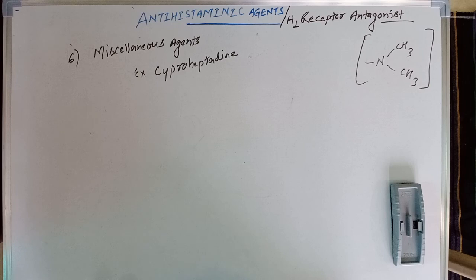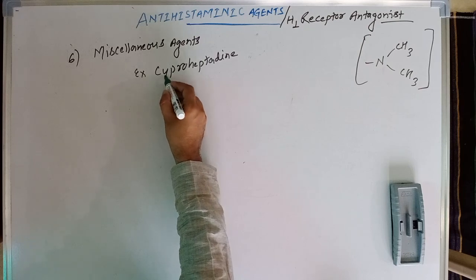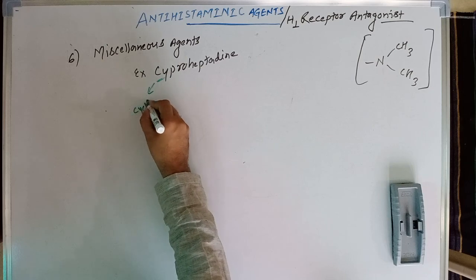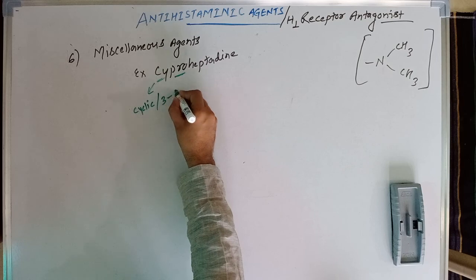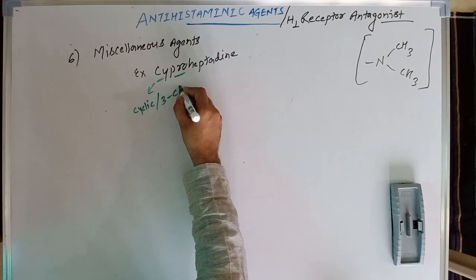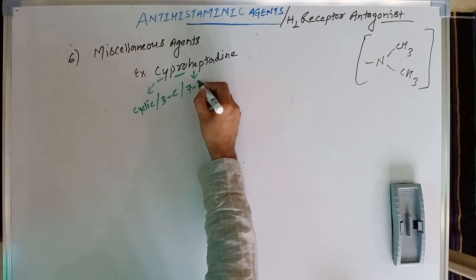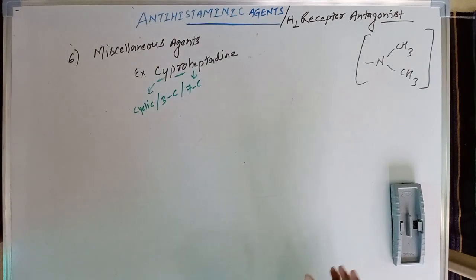How to draw the structure of cyproheptadine? This you have to mug up as it is. The only information we get from this name is: cy means cyclic structure, pro means 3 carbon moiety, and hepta means 7 carbon moiety.